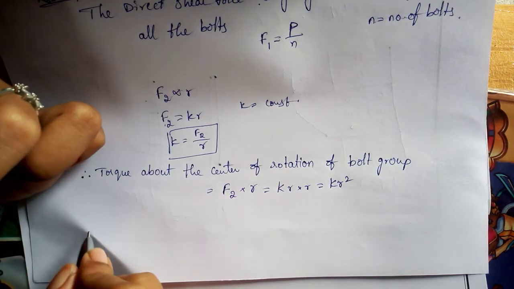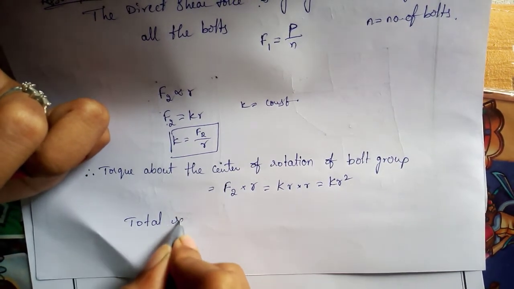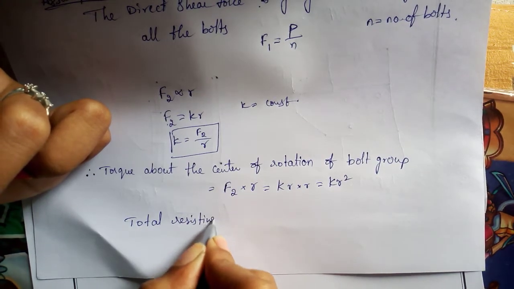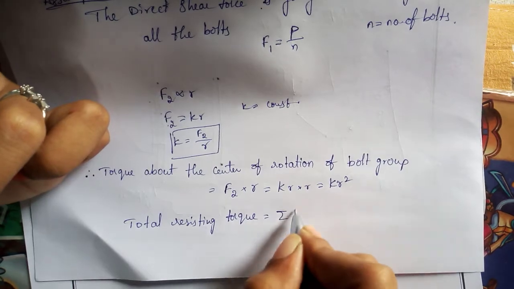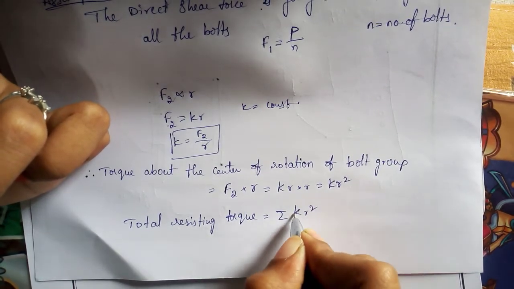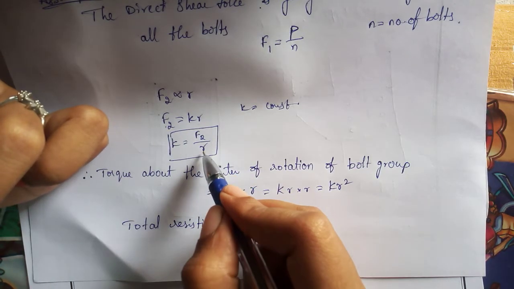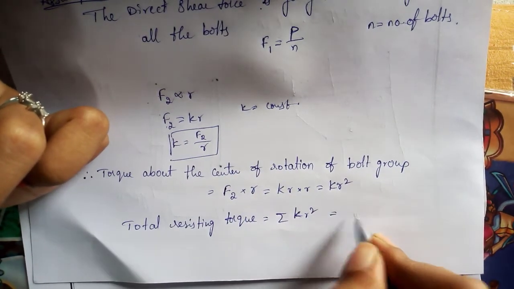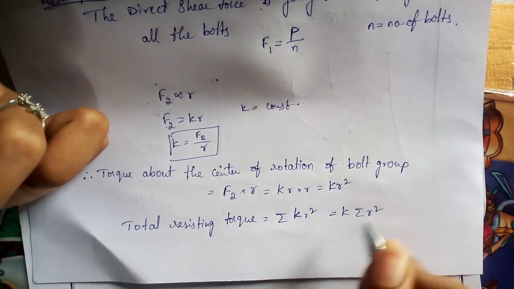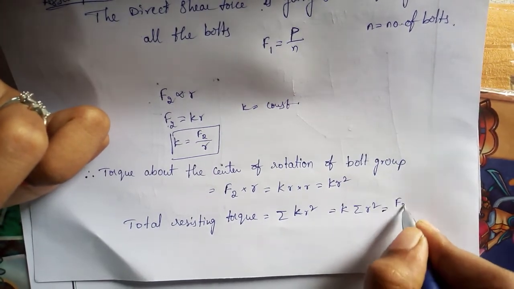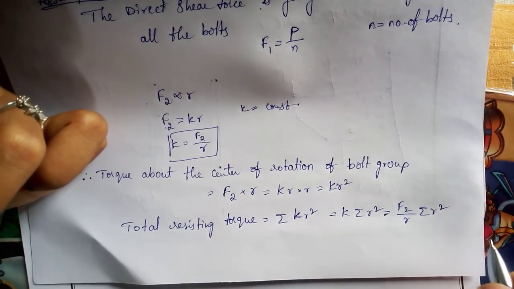So for all the bolts, the total resisting torque will be the summation of K R square. Here K is a constant, so we can take it out, and K is F2 by R, so that equals F2 by R into summation R square.